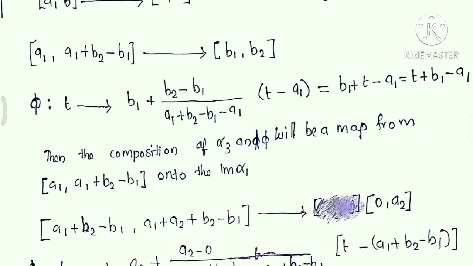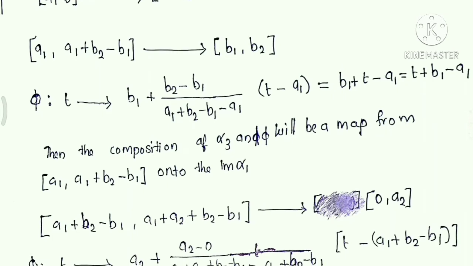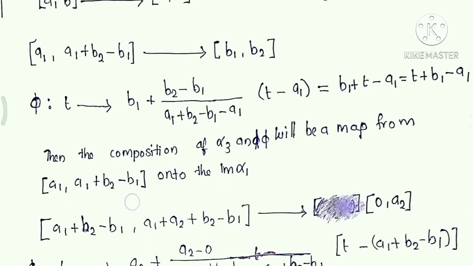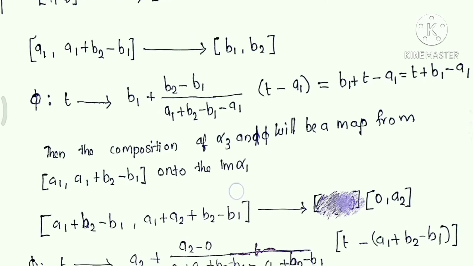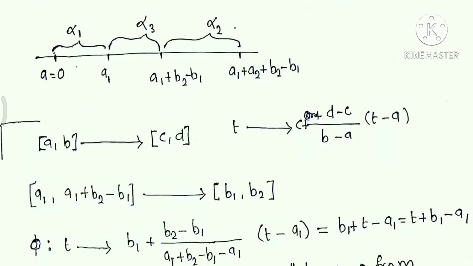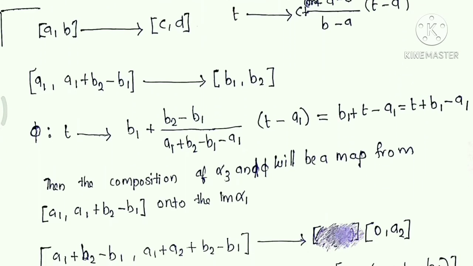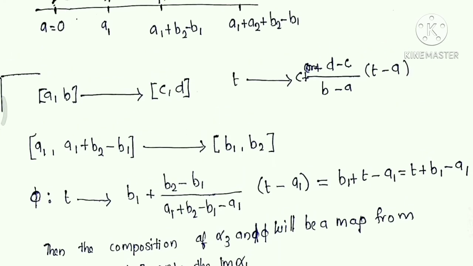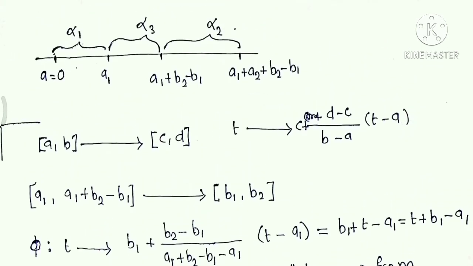Then the composition of alpha 3 and the map 5 will be a map from the closed interval A1 plus B2 minus B1 onto the curve alpha 3. Here alpha 1 maps the closed interval 0 to A1 onto the curve of alpha 1. And next, alpha 3 of t plus B1 minus A1 maps the closed interval A1 plus B2 minus B1 onto the curve of alpha 3.